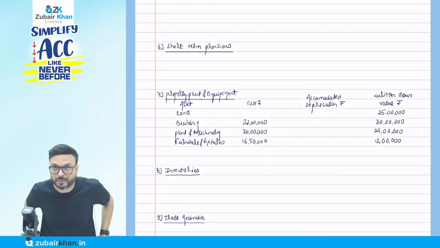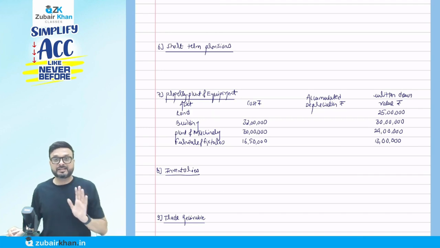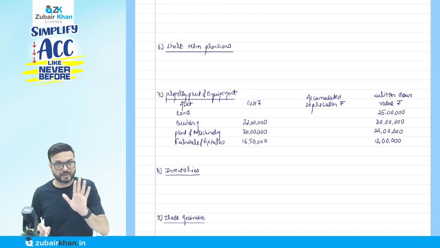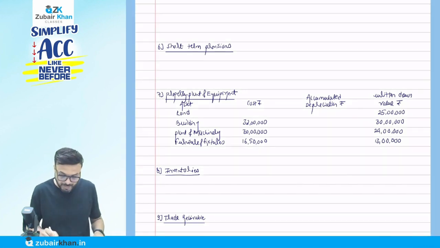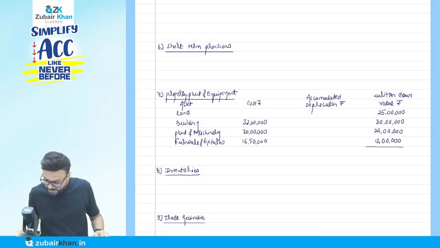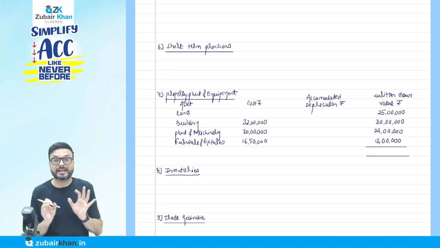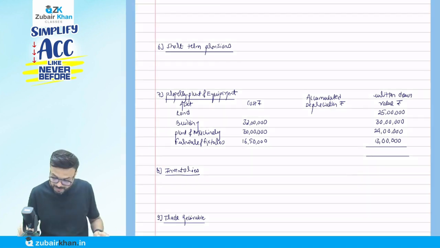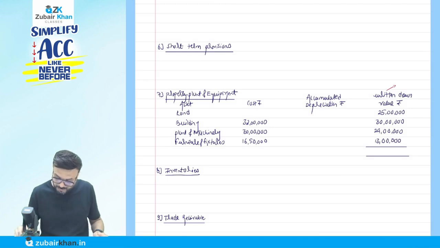Now understand this point. Now the balancing figure is what? Some of you might think, sir, what about the land? Cost is not given. I will come to that. Remember that the total will go only at WDV because this is mentioned in the trial balance, and it will go in the balance sheet.